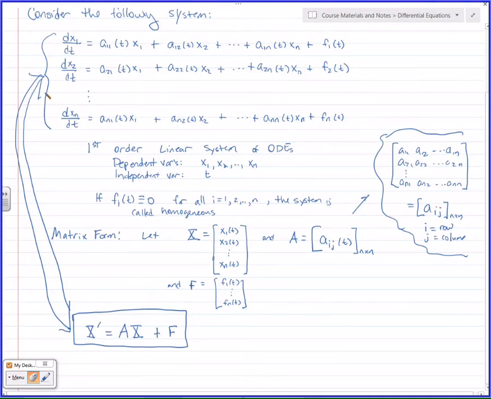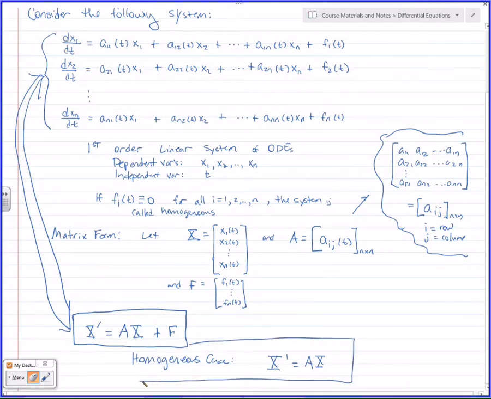And then the homogeneous case is just x prime equals Ax. And again, one more time, keep in mind that A can be a matrix function, so all of its elements can have t's in them. But we will spend most of our time looking at ones that don't.